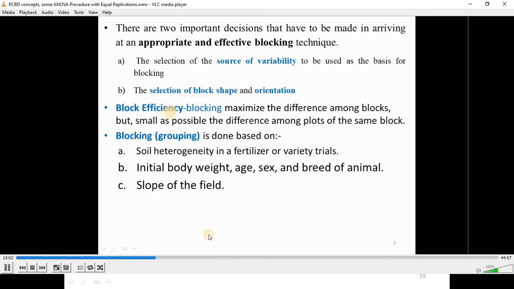When we see the block efficiency, blocking maximizes the difference among blocks, but keeps the difference among plots within the same block as small as possible. Blocking is then based on soil heterogeneity in fertilizer and materials, and on initial body weight, age, sex, and breed of an animal.